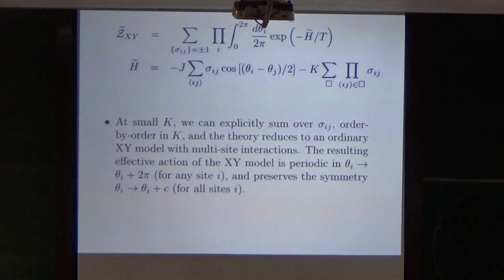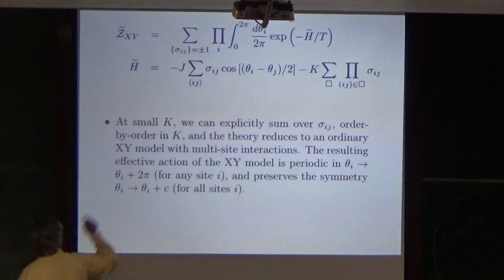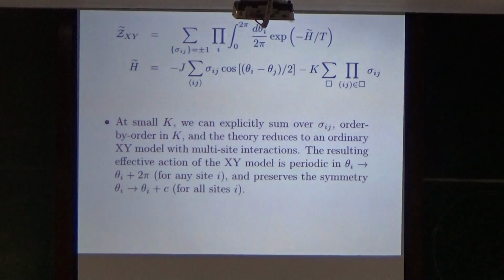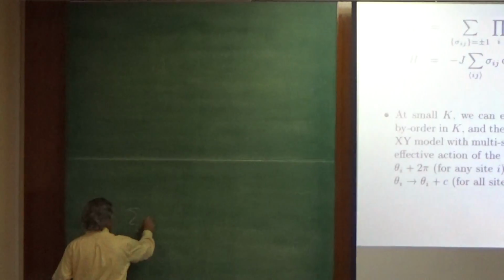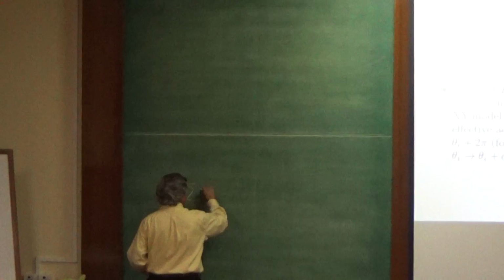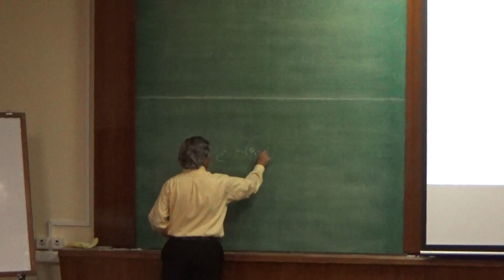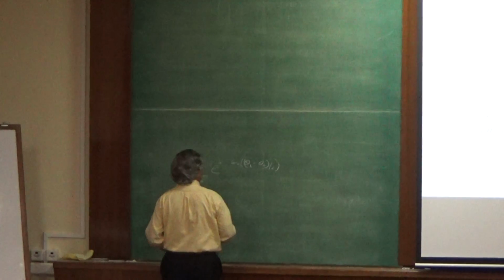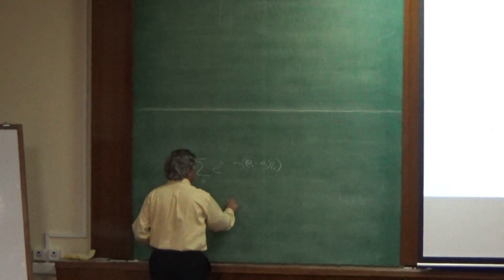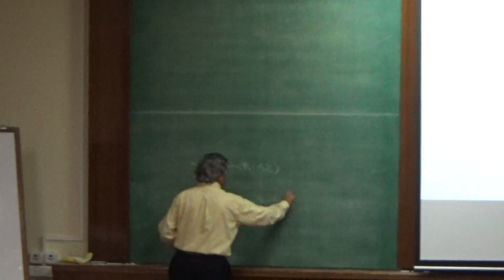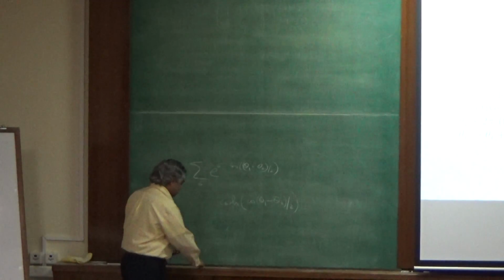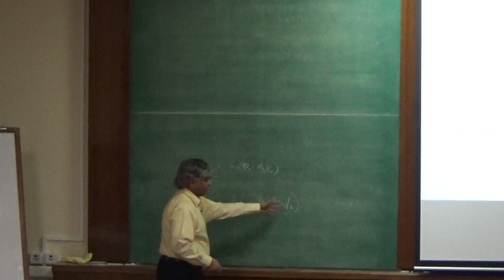So in fact, at k equals 0, for every bond, I just have to sum over sigma of e to the sigma, I forget the j, cosine theta 1 minus theta 2 over 2. And that's going to be something like cosh cosine theta 1 minus theta 2 over 2. And now I want you to notice that this is some kind of two-body term.